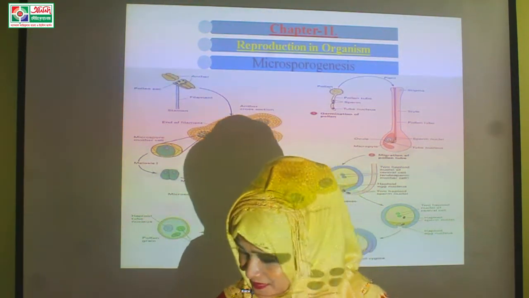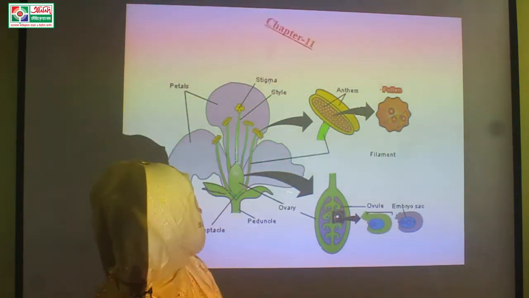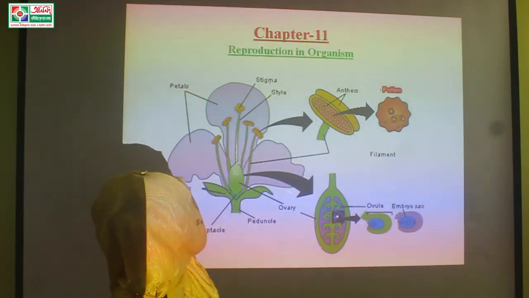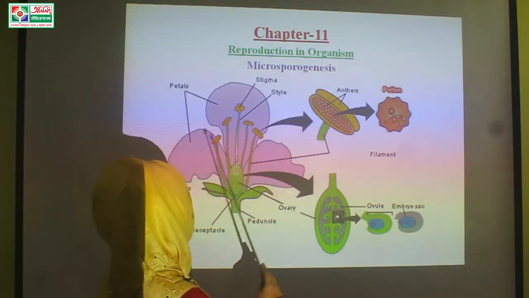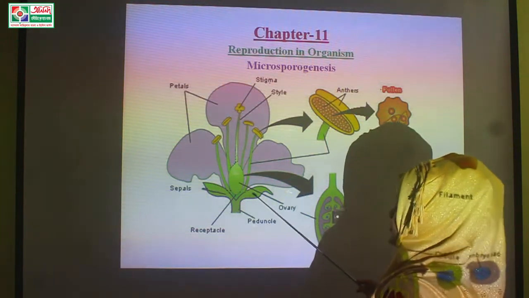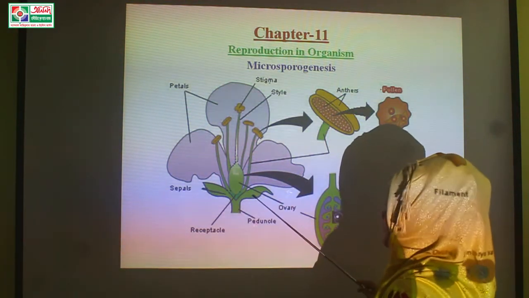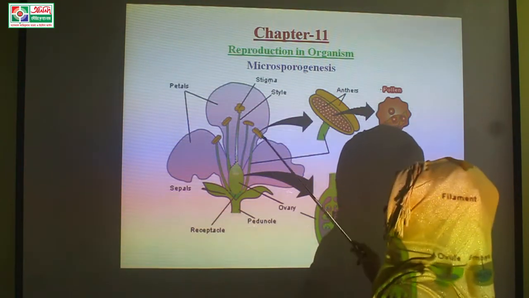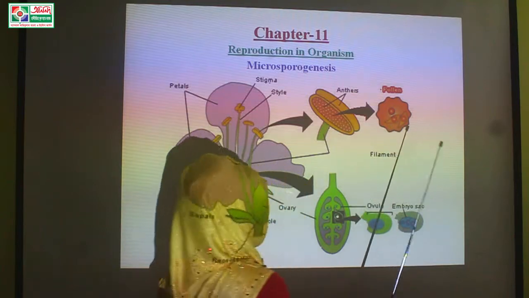As usual, this is a typical flower. This one is the peduncle. This is the thalamus. This one is the sepal, petal, stamen and carpel or pistil.